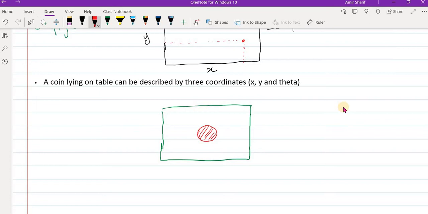So how can we specify the position and orientation of this coin? To specify the position we need X and Y, and to specify the orientation we need theta.